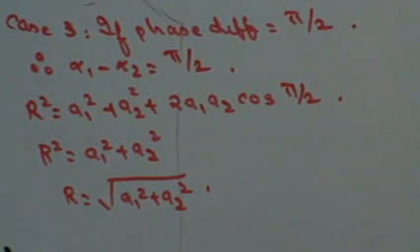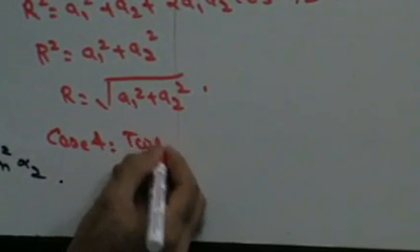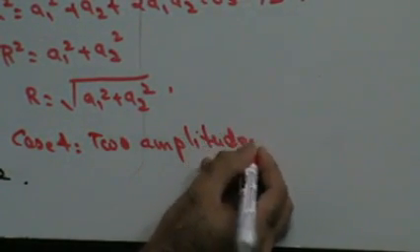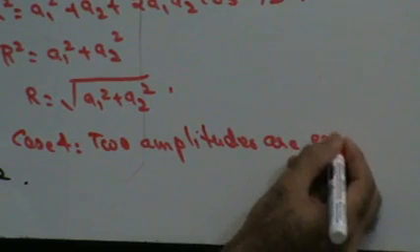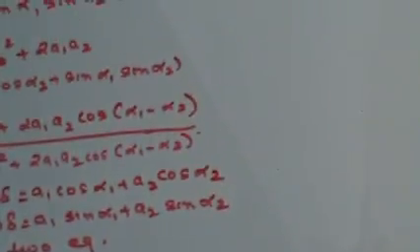Now, let us consider case 4. If the two amplitudes are equal, let's consider the first alternative where the phase difference is 0.